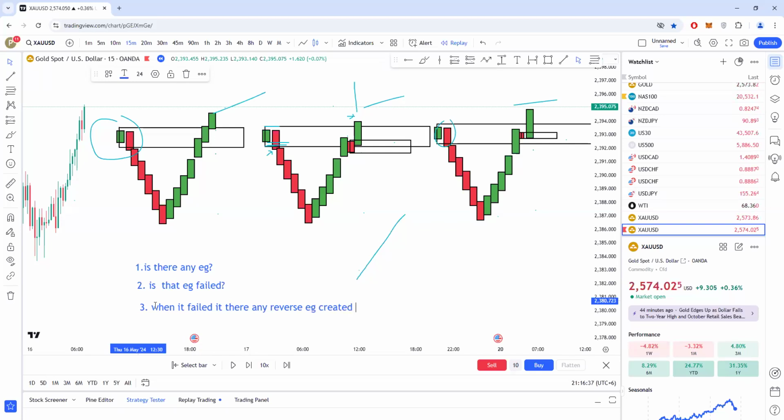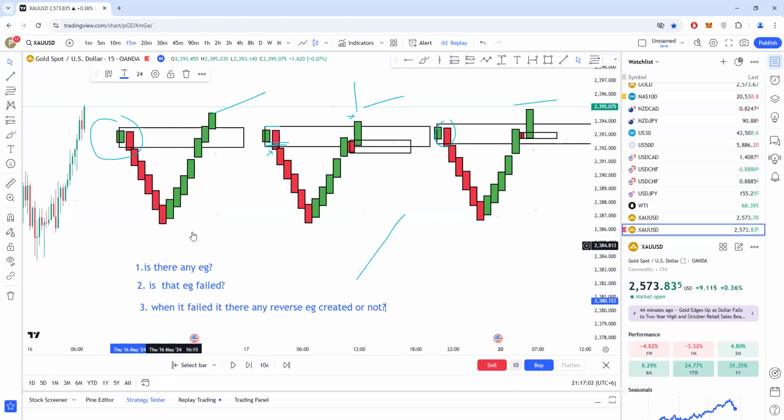Now the question is, when I say reverse, what is our first rule? EG sell. We have an EG sell. So if it is a sell one and we are looking for a reverse of the sell, or the alternative of the sell, what will it be, buy or sell? Buy. EG buy. Is this part clear?